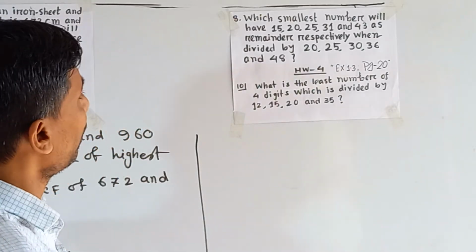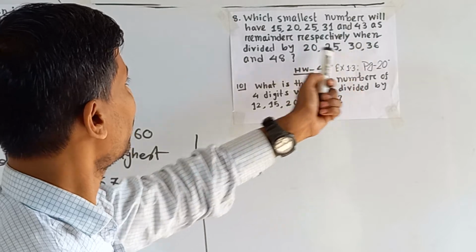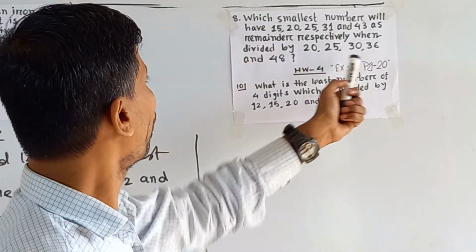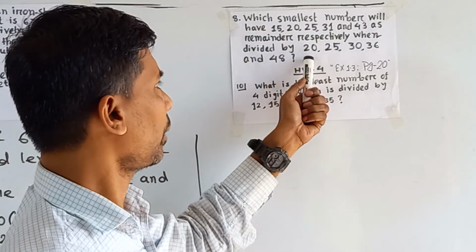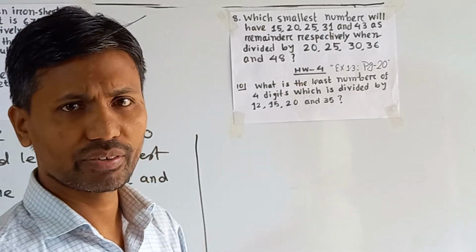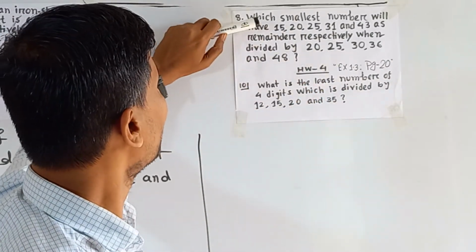This is the remainder, and when divided by, that means 20, 25, 30, 36 and 48 are the divisors, and these are the remainders.